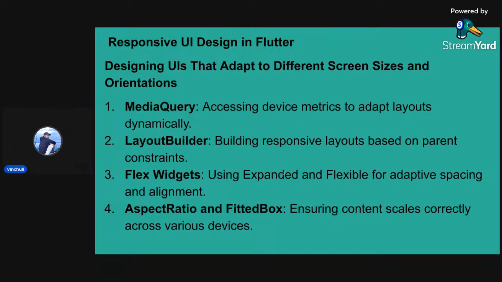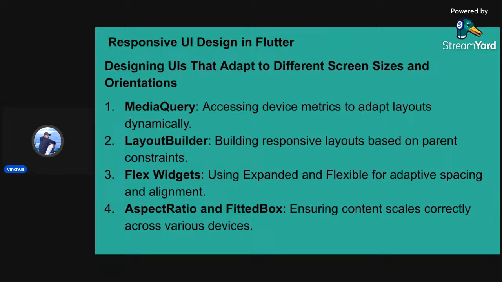So using this expanded widget, it ensures that all elements under the recommended products come and adapt to that 50 by 40. You get? So this is the way they say it's flexible and adaptive to the spacing and the alignment that has been given.